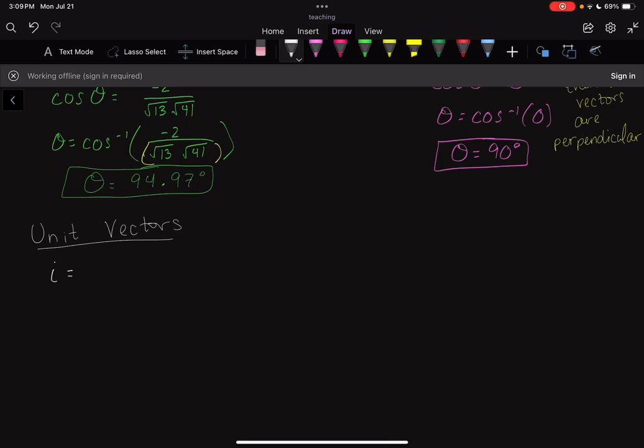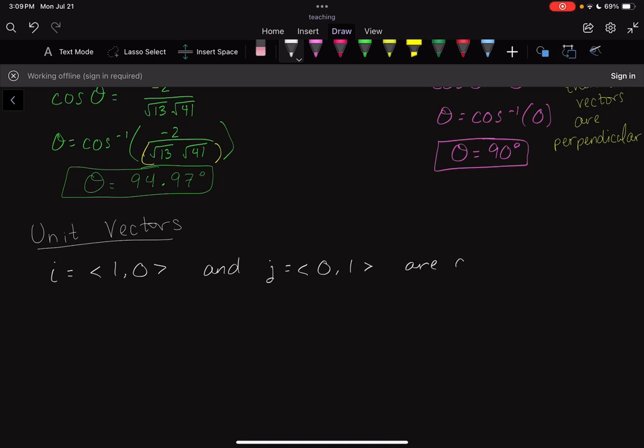I is the vector 1, 0. This is not I as in imaginary I. This is a different I. This is vector notation I. And J is the vector 0, 1.